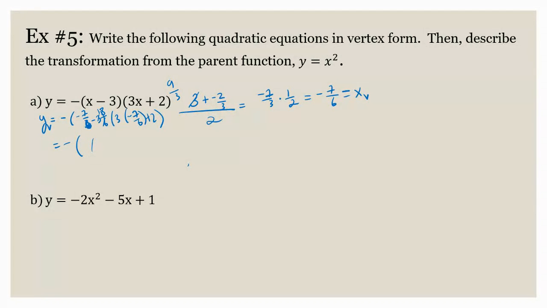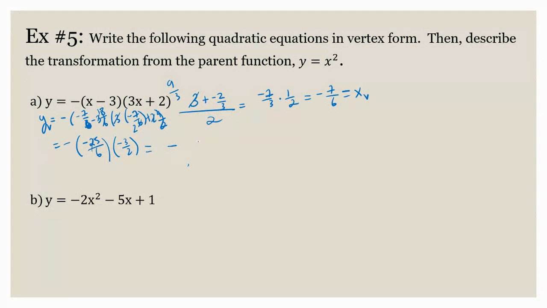Negative 7 minus 18, isn't that negative 25? I think so, yeah. Negative 25 over 6. I'm sure you guys will share with me if I'm wrong. It happens. And then this will go away, and this is a 2, and so then that's 4 halves. So negative 7 plus 4. What's negative 7 plus 4? It's negative 3 halves.